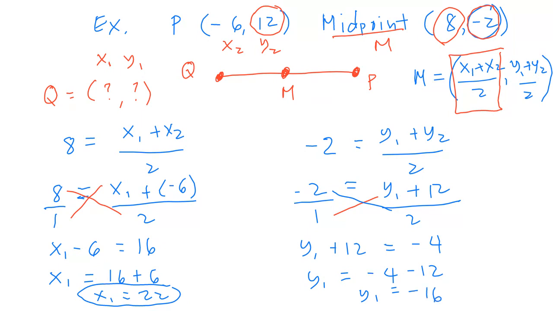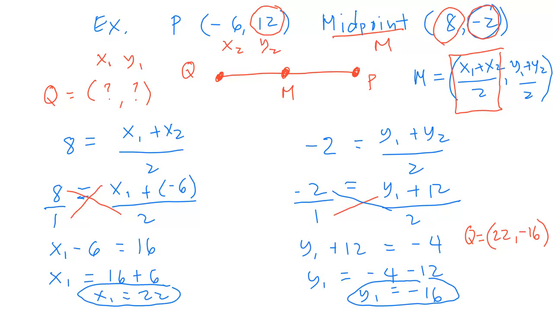And that would be our ordered pair. So you can finalize your answer by saying that your Q is equal to x1 is 22 and then -16. And that's what the problem is asking.